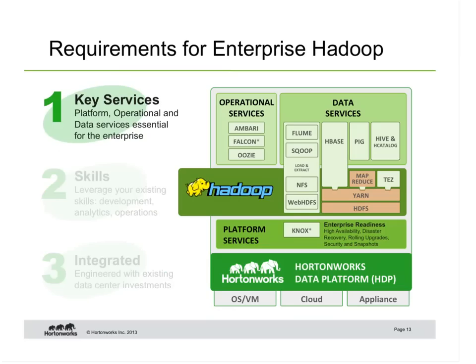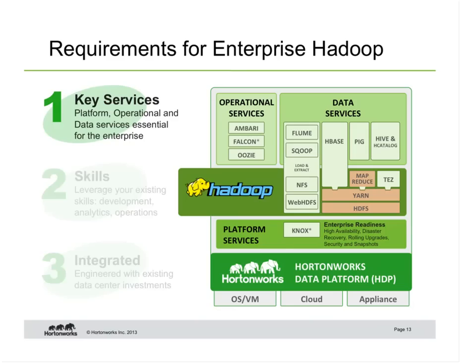One is operational services, meaning you must be able to monitor and manage and deploy this technology, and that's done through a range of additional open source projects that are packaged and bundled together. It must provide the data services, meaning you must have the ability to manage and manipulate and analyze and serve the data through a variety of methods to interact with that data.